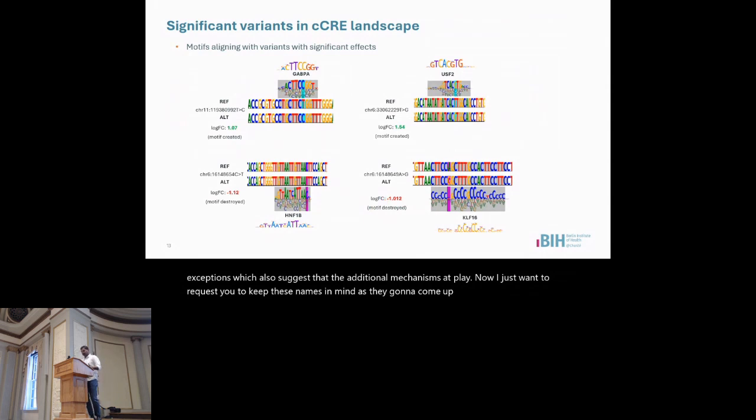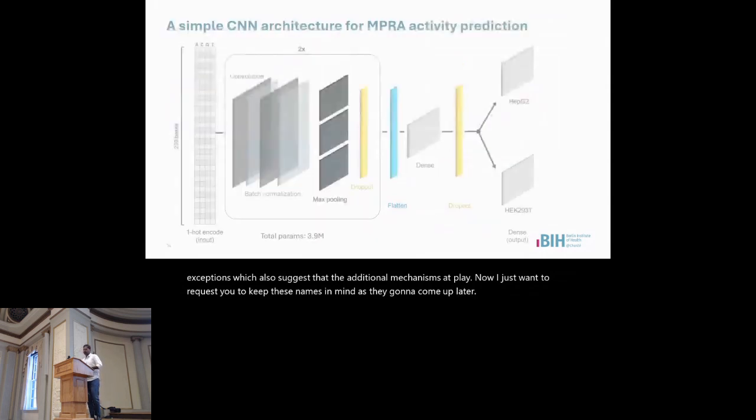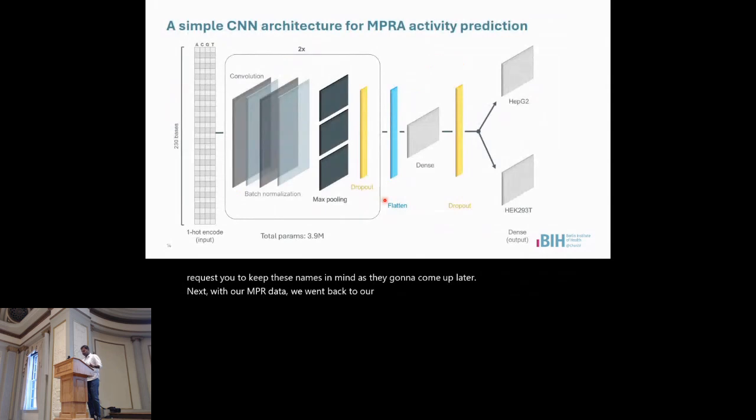Next, with our MPRA data, we went back to our initial deep learning classifier and fine-tuned it, or reiterated it, to have a regression output, in this case as a multi-output regressor.